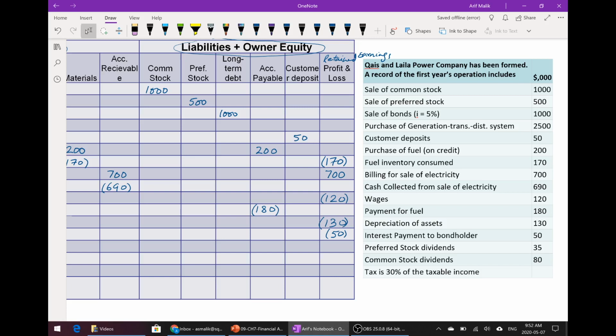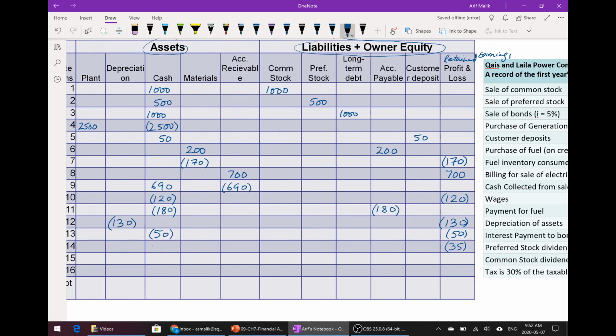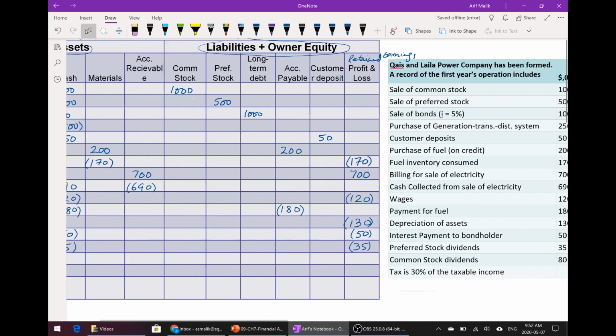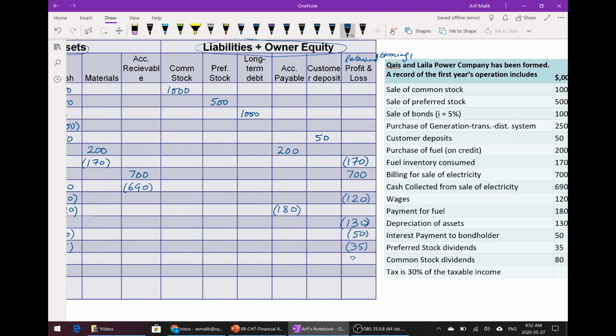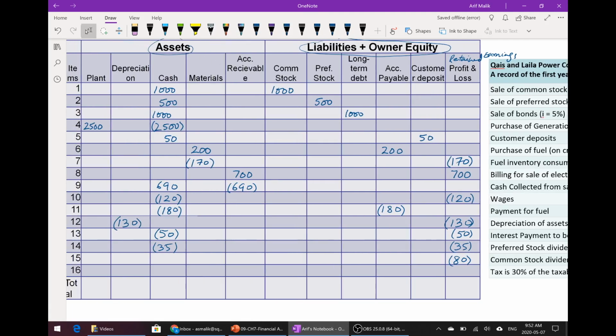We have given the dividend, so it's an expenditure again, and 35 is reduced here also. And then the common stock dividend is 80. Again it is expenditure here. We have given the dividends, and the cash is reduced by 80.